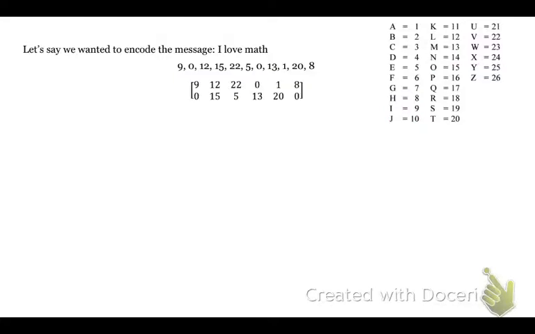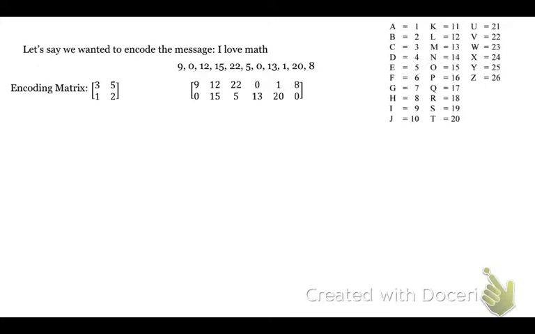So if I want to put this into a matrix, I'm just going to use a 2-row matrix. So it'd be 9, 0, 12, 15, 22, 5, and I'm just reading these as I go left to right, 0, 13, 1, 20, 8, and then I'm going to put a 0 right there since we have that empty space. And I'm going to use this as my encoding matrix.